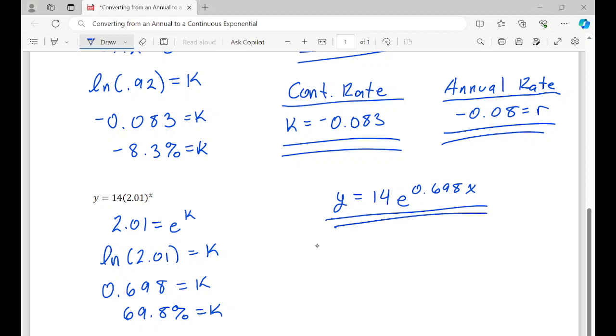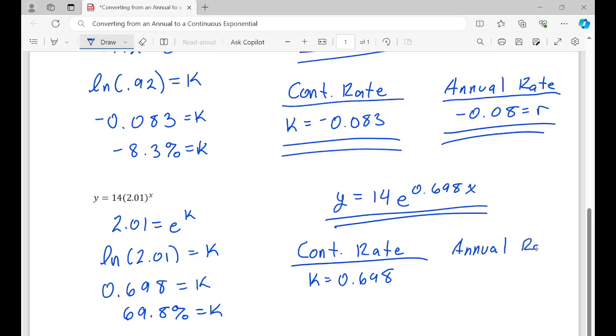Now what is my continuous rate and annual rate? As always, the continuous rate's already been done, so it's just restating it. That's just going to be k, so k equals 0.698.